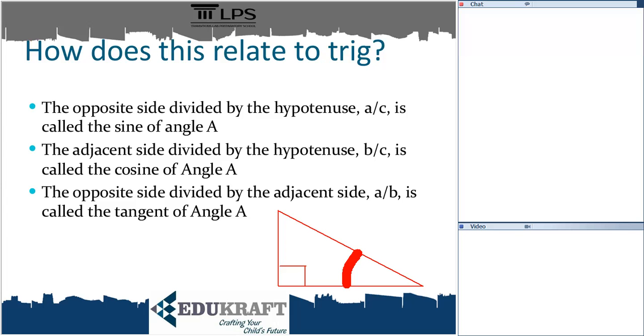Let's call this A. The side that is opposite to this angle is called the opposite side. Provided A is the angle, this is called the adjacent side, and this is the hypotenuse, which we have seen in the previous class. We discussed at length that the side which is opposite to the right angle is always the hypotenuse.